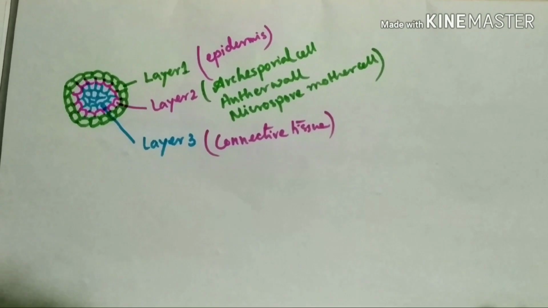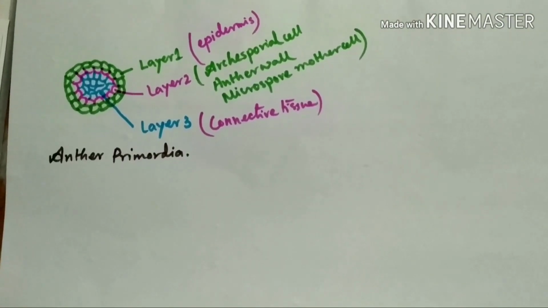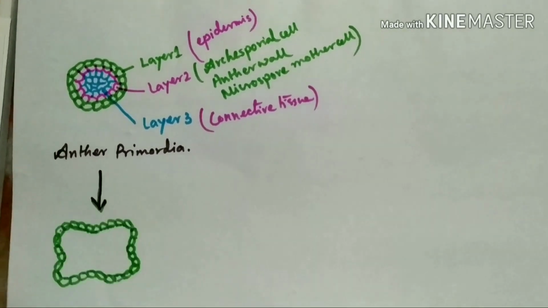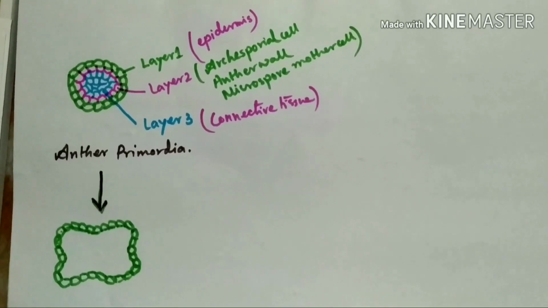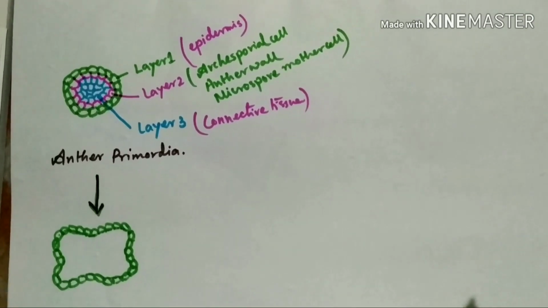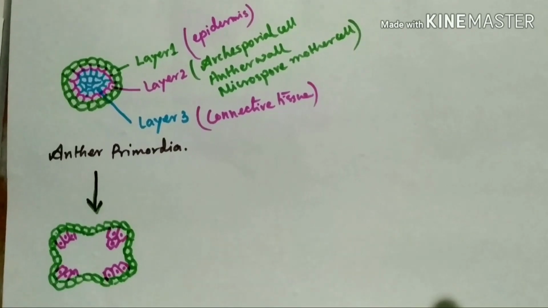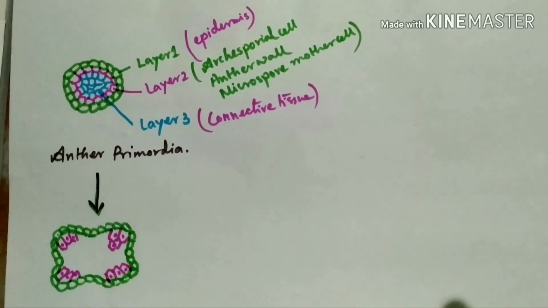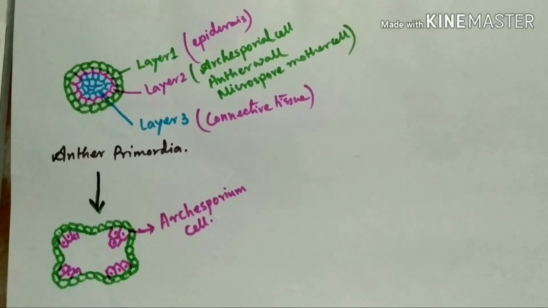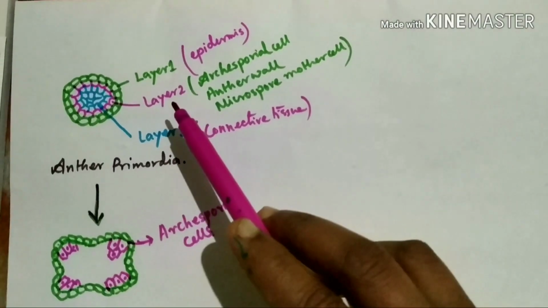That means xylem and phloem. Now, gradually, the anther primordium changes its shape and becomes four-lobed, and the hypodermal cells of each lobe become differentiated by their shape, containing a prominent nucleus and dense protoplasm. These are called archesporium cells. So layer 2 produces archesporium cells.